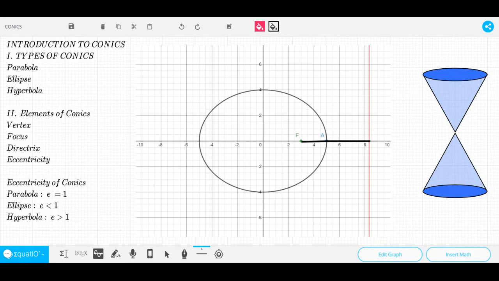Then again, O being the center of the ellipse would also make it the midpoint between the vertex A and its counterpart over here. Being the center, it would also render it the midpoint between F and its counterpart over here.